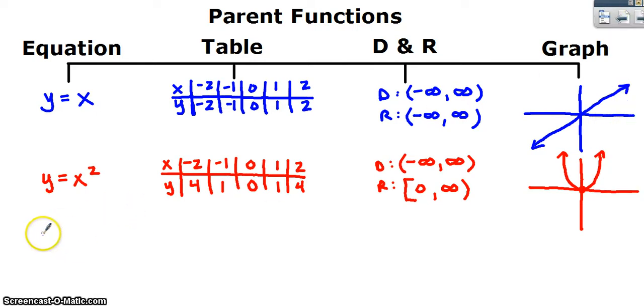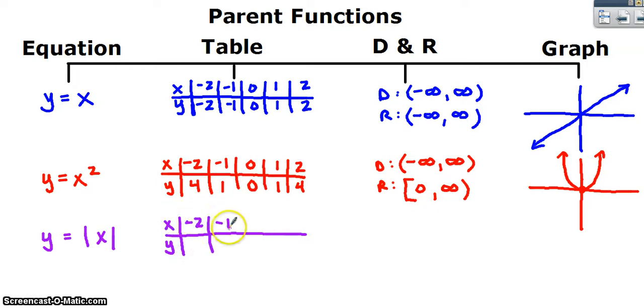Alright, next one we talked about was y equals absolute value of x. Alright, make our little table here. I'm going to keep using these same x values until they're not going to be useful because it gives us a nice clear picture of what x is doing on both sides of 0.